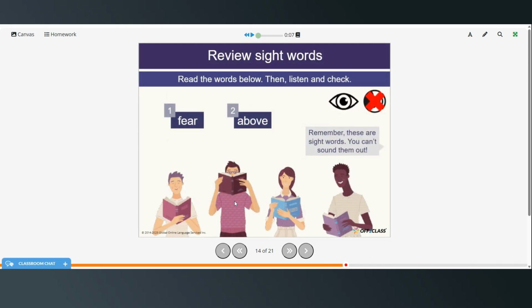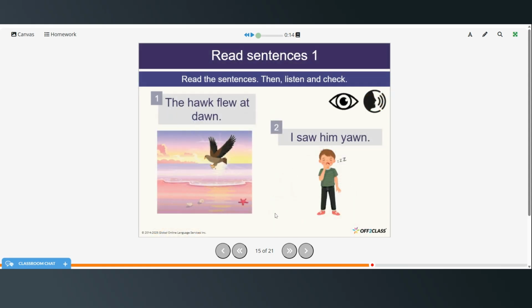All right, and now let's practice these sight words. Fear, above. All right, now practice reading the sentences and then restart the video when you're ready to listen and check. The hawk flew at dawn.